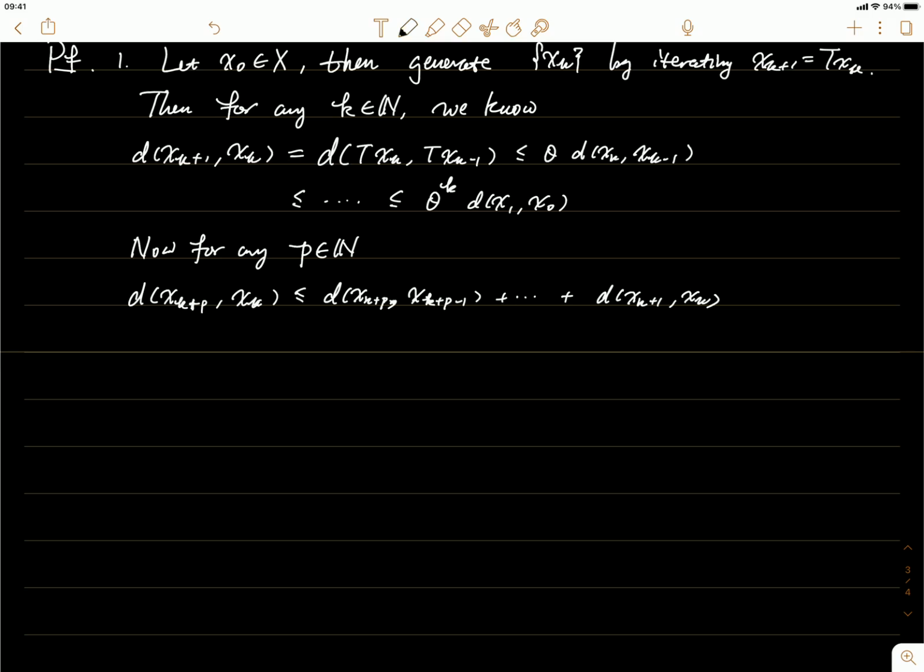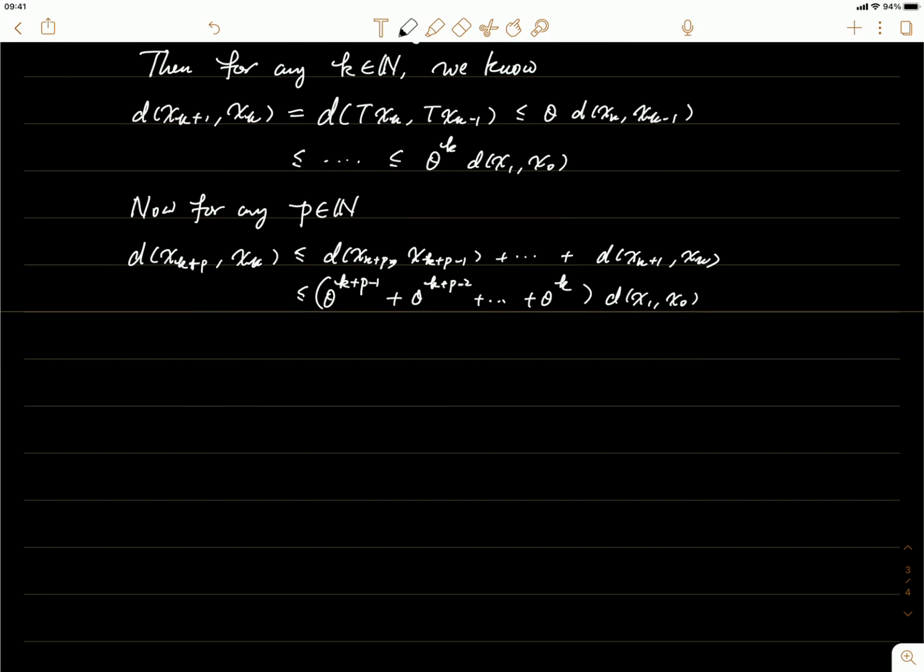So I can rewrite this, and they have the common factor d(x1, x0). That is just part of a geometric sequence, so this is less than or equal to theta to the k over 1 minus theta, times d(x1, x0).